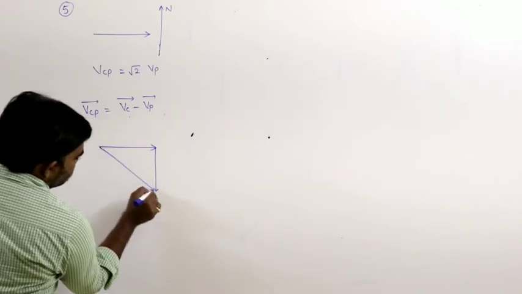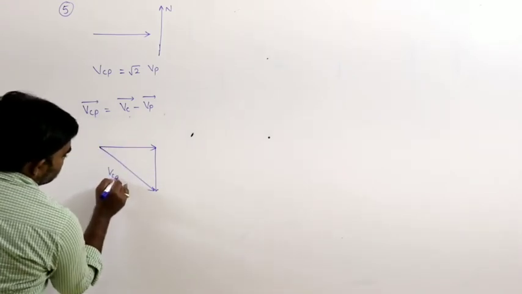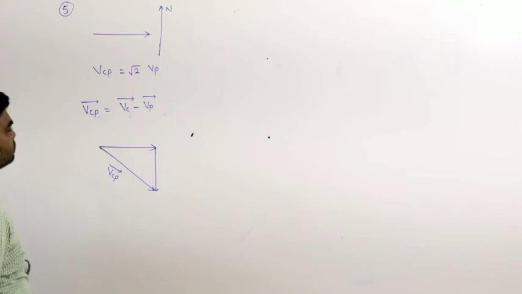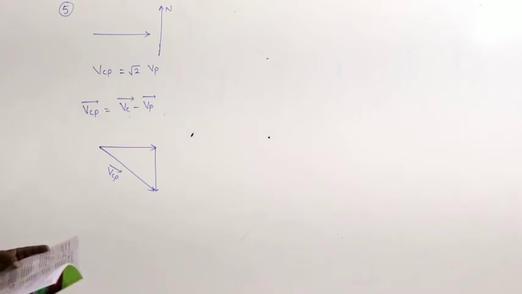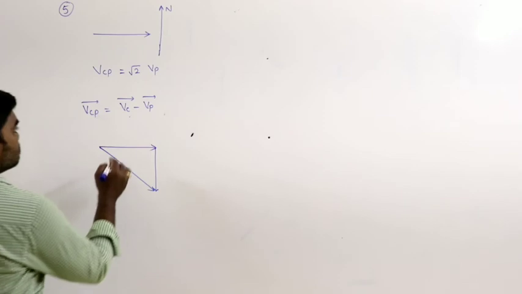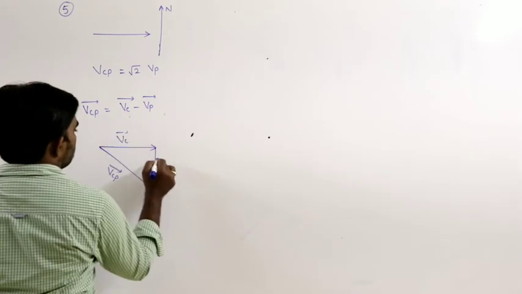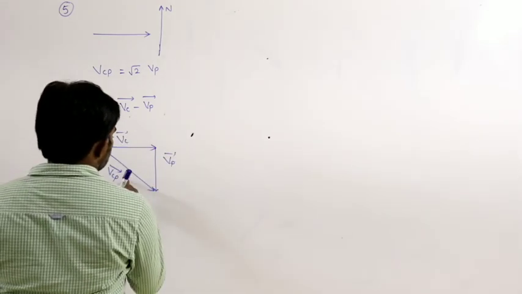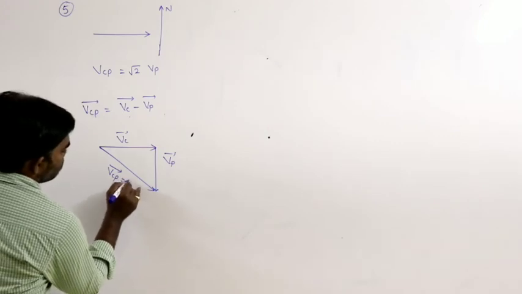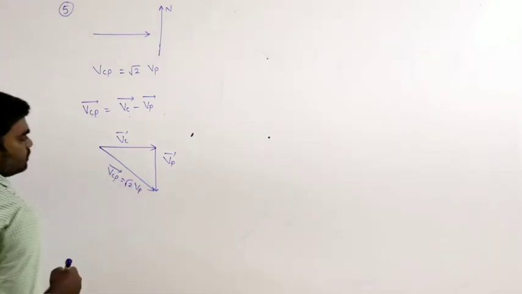So this is the relative velocity, the velocity of the car with respect to the person. This is the velocity of the car and this is the velocity of the person, and this is given as root 2 times the velocity of the person.